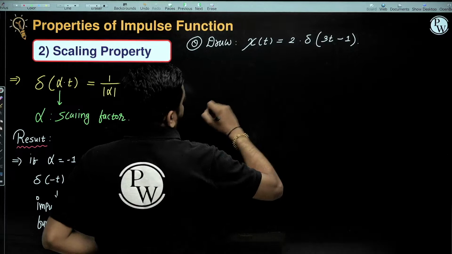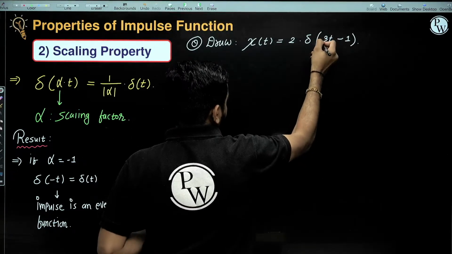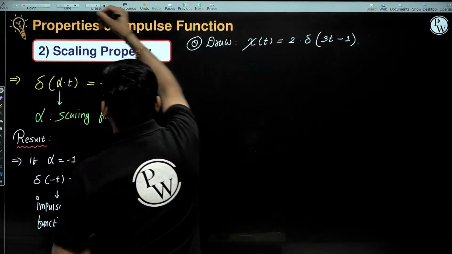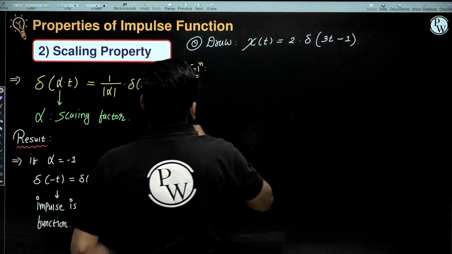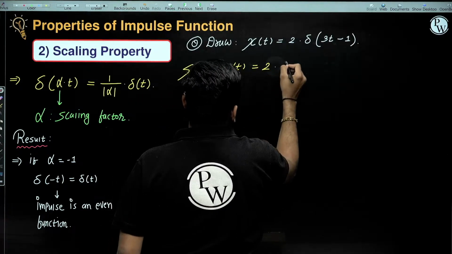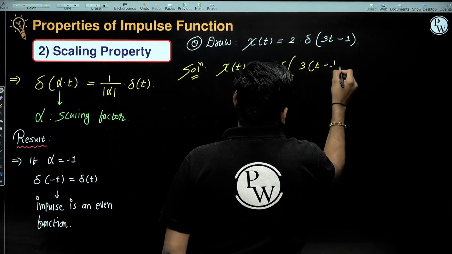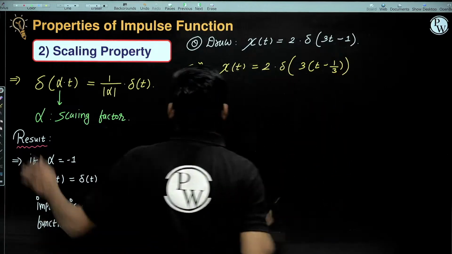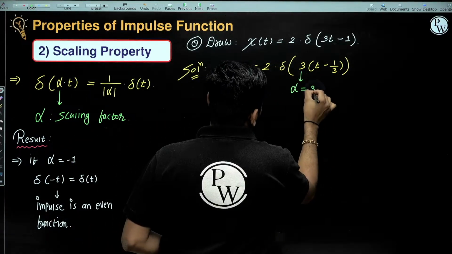So before using the scaling property, first of all you have to take the scaling factor common, guys. So here x(t) is equal to 2δ(3(t minus 1/3)). Now here this is your scaling factor, 3.